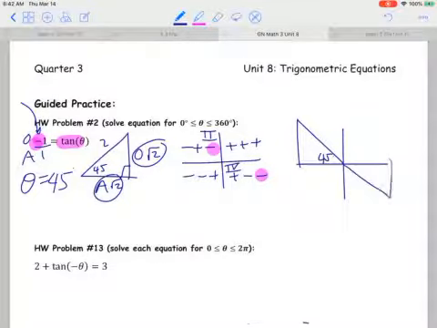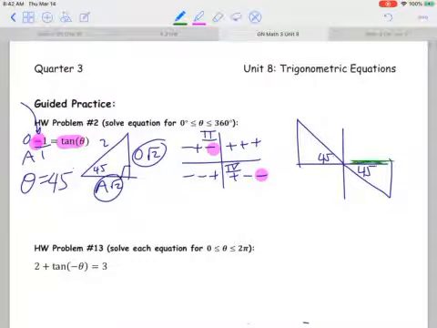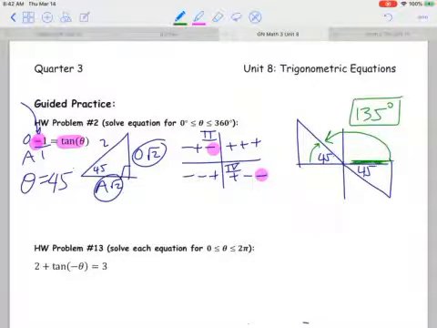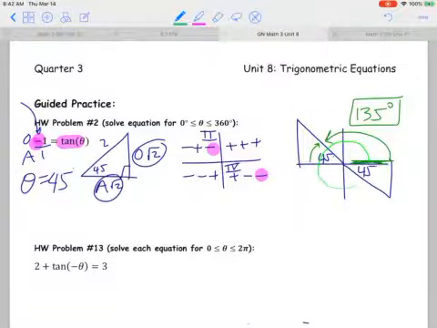45, 45. And then I want to know how far I went from 0 to get to the diagonal. That's 180 minus 45, which is 135. And then this, let's do a different color. This to here was 360 minus 45, which gets you 315.